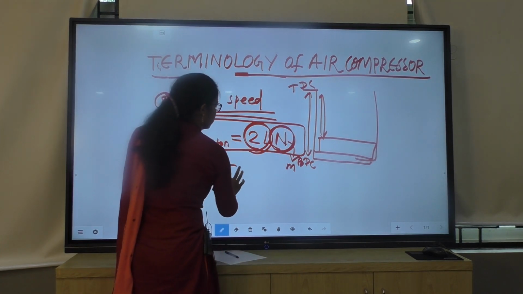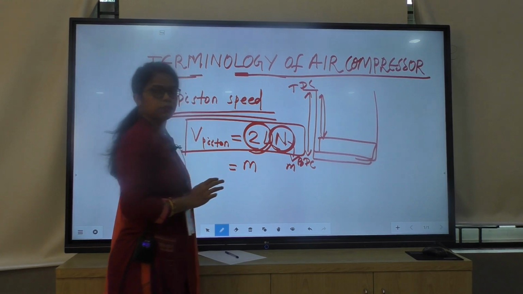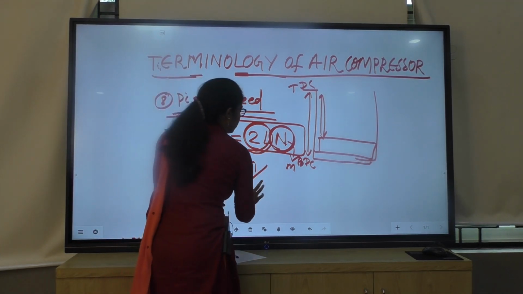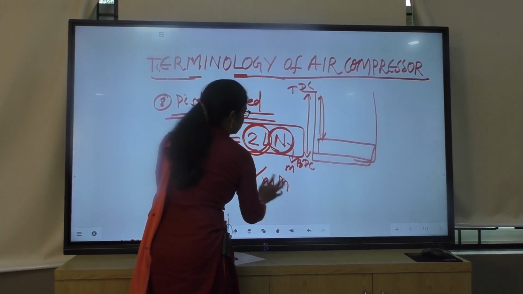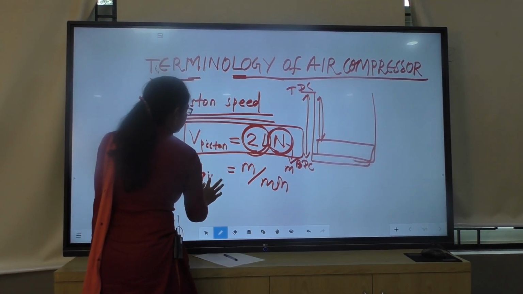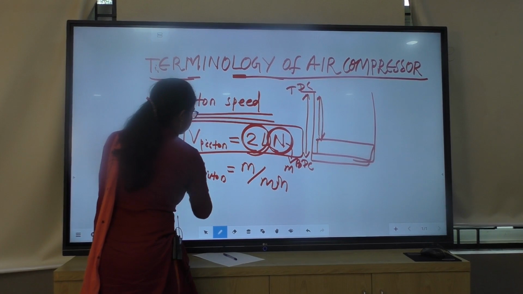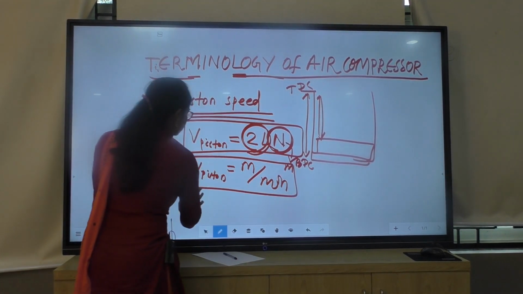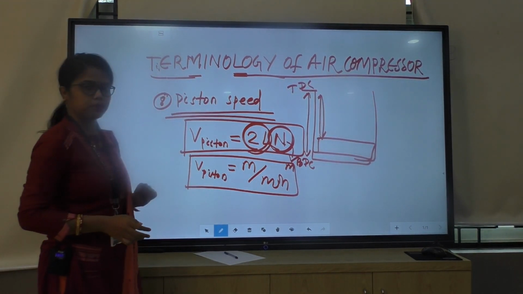The unit of stroke length is meter, so it is meter per minute, that is the velocity of piston. Okay, this is the piston speed.